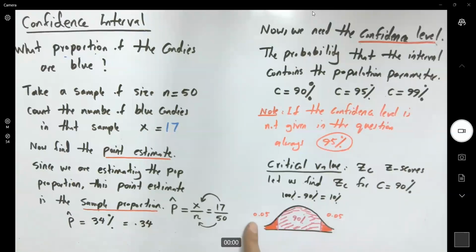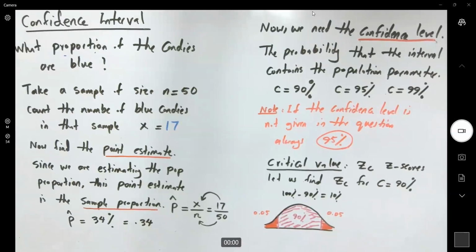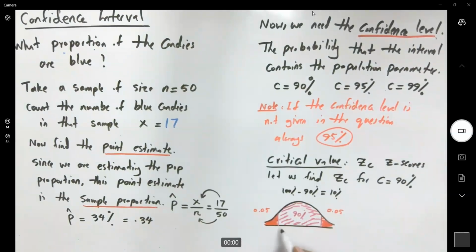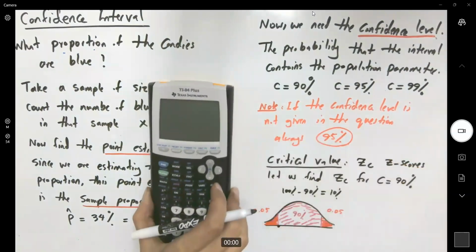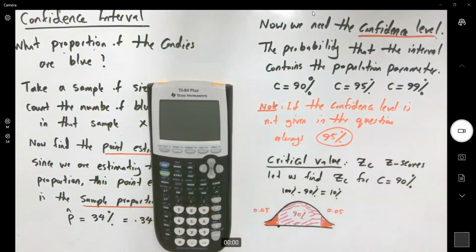We have the area. We want to find the z-score. What is the z value? What is this number? We're going to use our calculator to find that z. Since you have the area and you want to find z, we're going to use inverse norm.